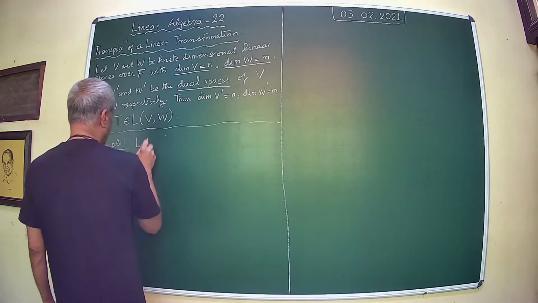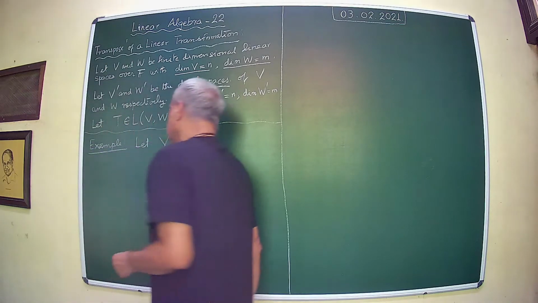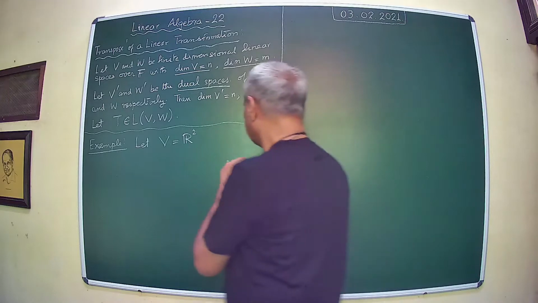Let V be R2 over R, a two-dimensional space.